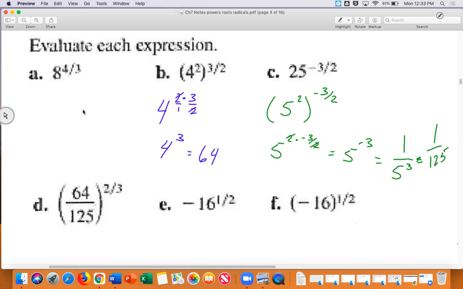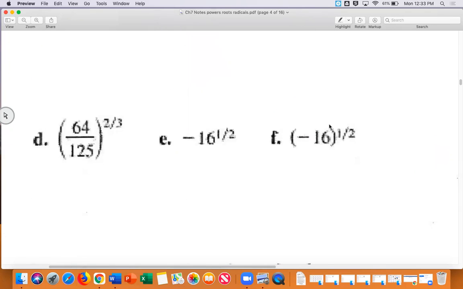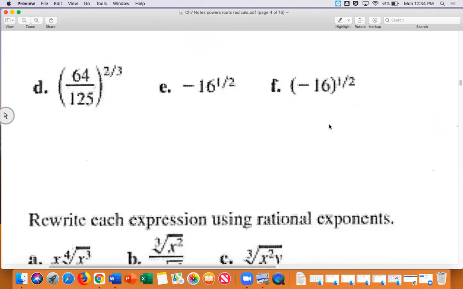All right, let's look at D. Without a calculator, what would I do? Not much I could do, right? I can't do 64 squared. But think about it. Is there another way you could view 64? 4 to the third.